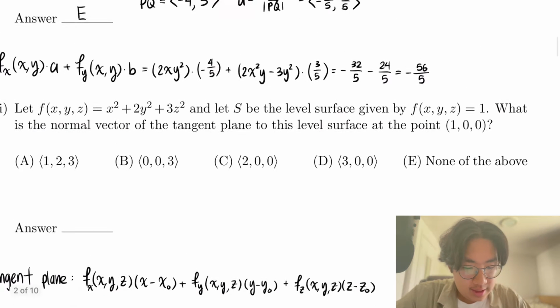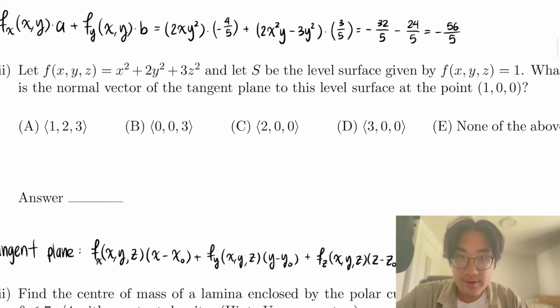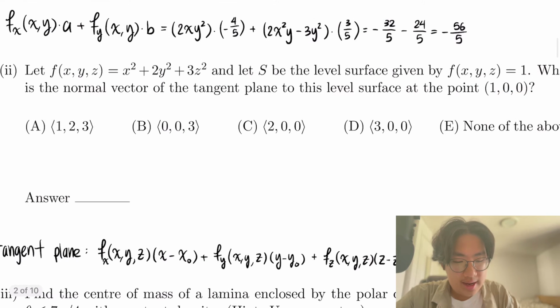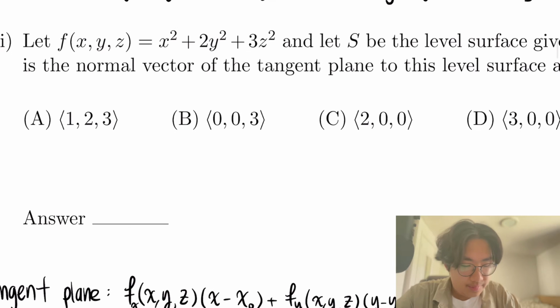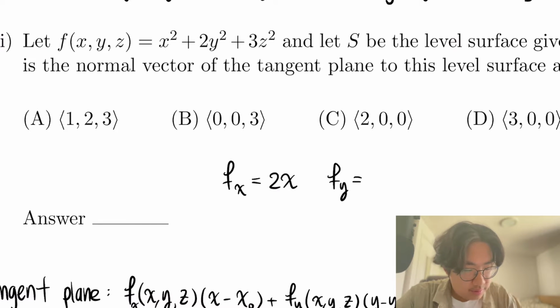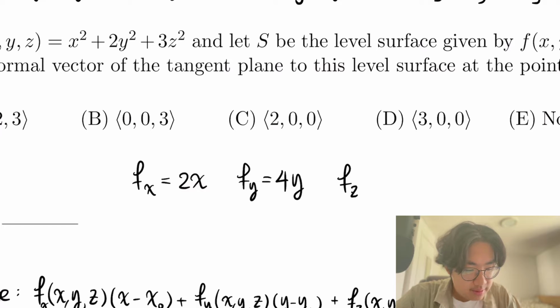In this case, you can immediately see without even computing that you'll only be needing the partial derivative of f with respect to x, because we're evaluating at this point here, and they're all clearly separate, but I'll just show you each of them. So f sub x again is just 2x, f sub y is equal to 4y, and then f sub z is equal to 6z.